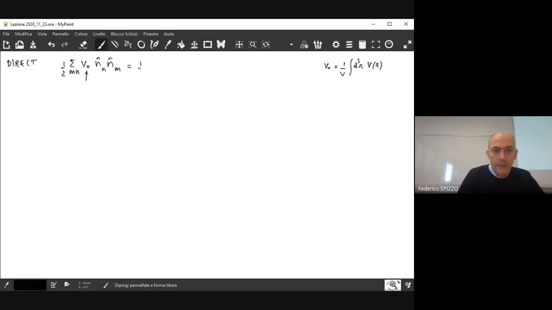So here we have 1/2 the summation over m, and then we have the integral over d3r of v of r, number of particle operator corresponding to n, number of particle operator corresponding to level m.